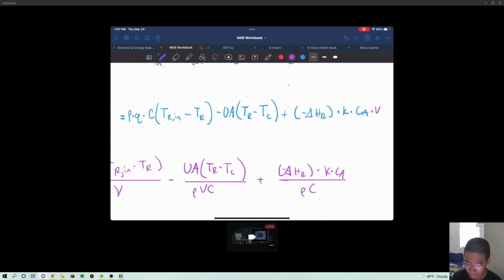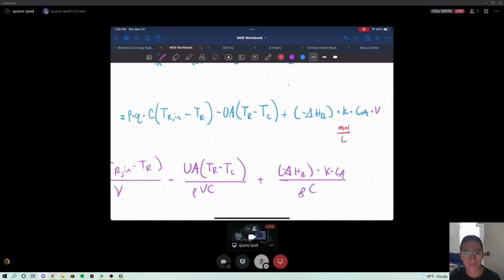We have the rate at which C is reacting, so we have moles over liters, multiplied by what unit is delta H_R given in?